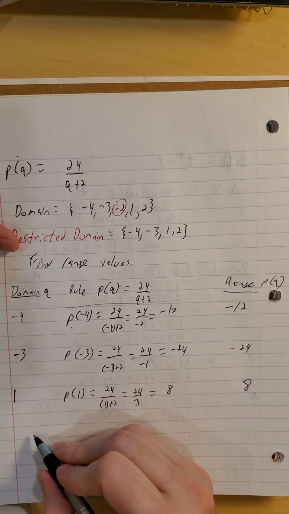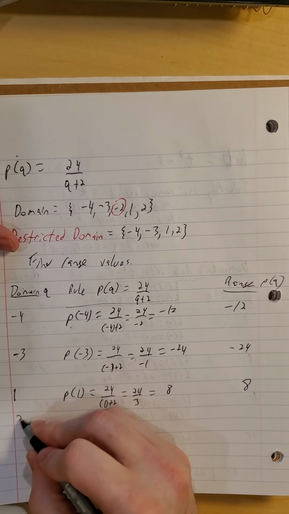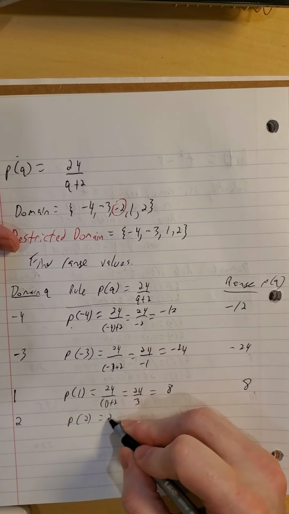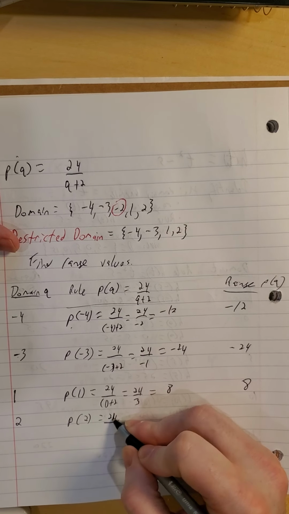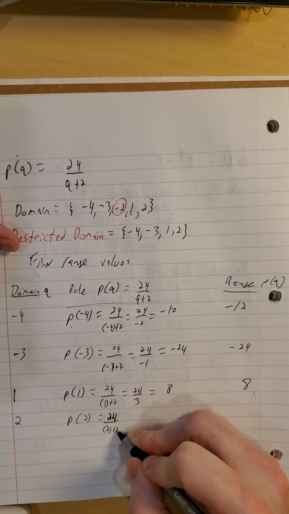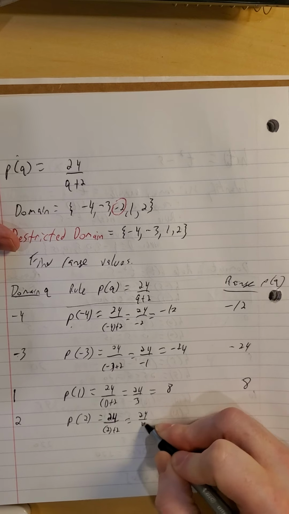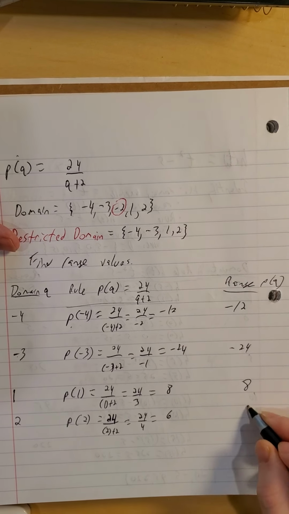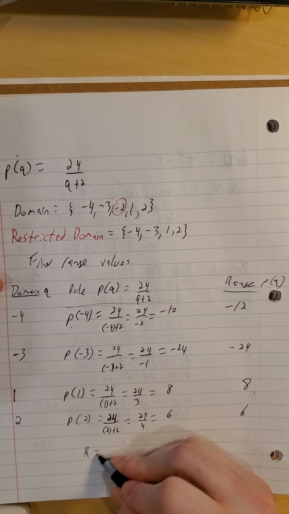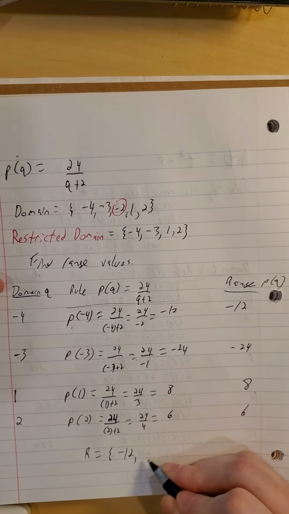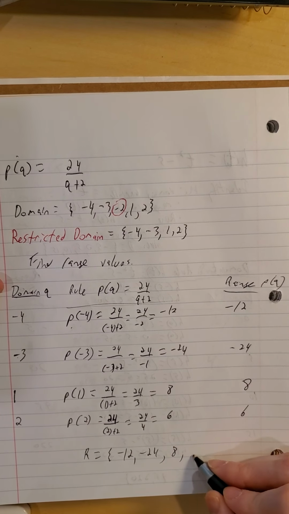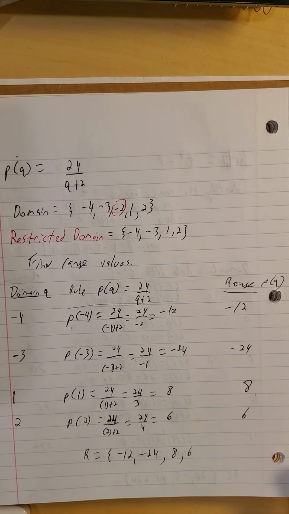And our last range value comes from plugging in a 2 for our domain. So P of 2, 24 divided by 2 plus 2. So 24 fourths is a nice pretty 6. So our range, we have a negative 12, a negative 24, an 8, and a 6.